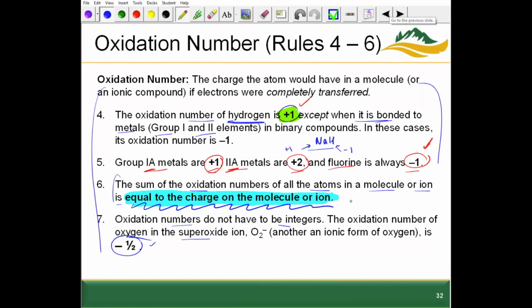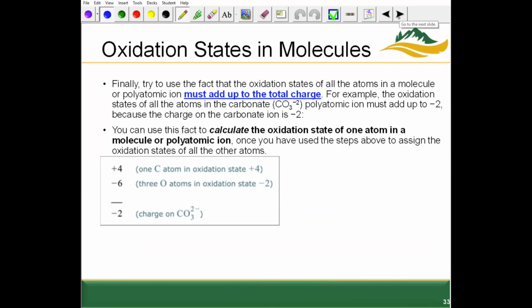So from this rule number 6 here, the sum of the oxidation numbers of all the atoms in a molecule or ion is equal to the charge on the molecule or ion. For example, with this polyatomic anion of carbonate, we know the formula here is CO3 2-. That means that the oxidation numbers on carbon and oxygen have to add up to 2-.